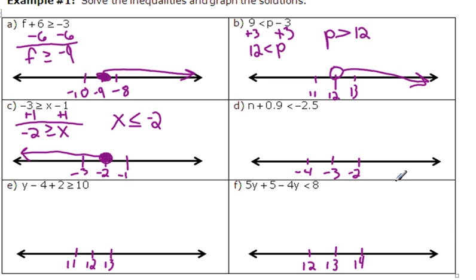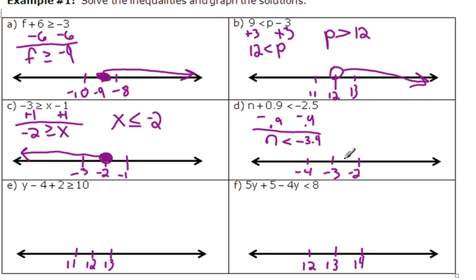So let's look at D. This is the same thing even though there's decimals. This is n plus 0.9, so I would minus 0.9 from both sides. Now, when I subtract 0.9, I'm left with n is less than negative 2.5 minus 0.9, which is negative 3.4.